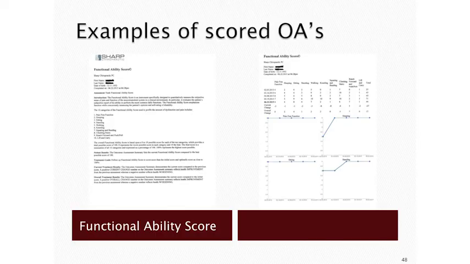Speaking of outcome assessments, let's look at this. This is a functional ability score for a patient of mine, and I do like this. It goes through and explains the purpose and the measuring points that are based in this functional ability: sleeping, sitting, standing, walking, all of that.